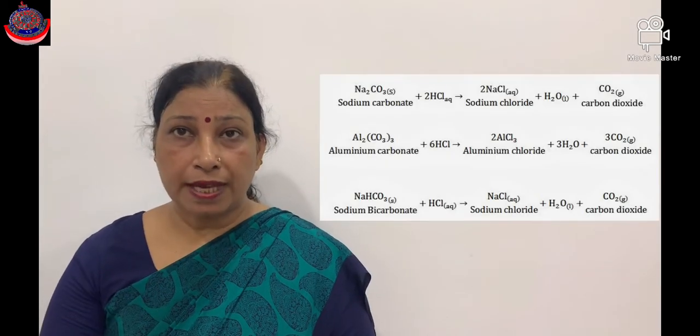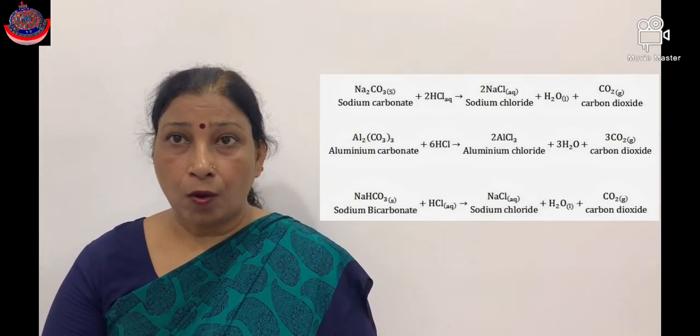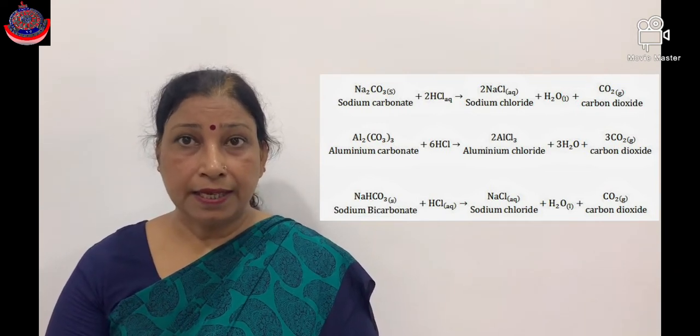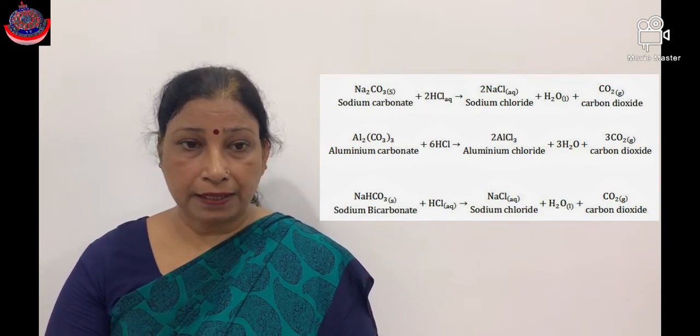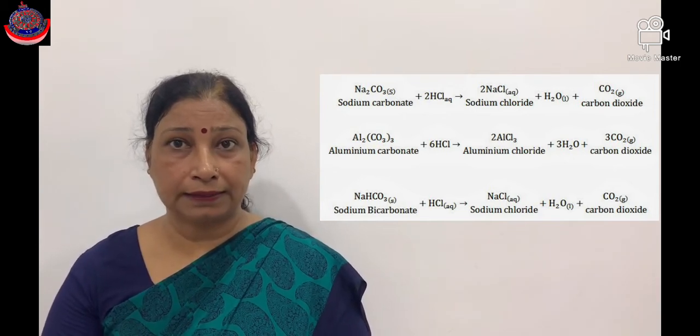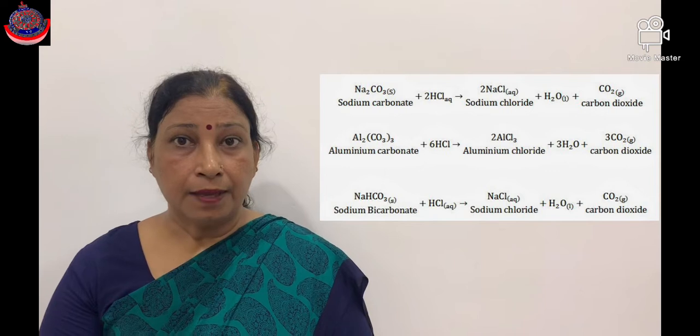It burns with a pop sound. Friends, now reaction of metal carbonate or metal hydrogen carbonate with acids. When acid reacts with metal carbonate or metal hydrogen carbonate, they give salt, carbon dioxide gas and water. Bases do not react with metal carbonate and metal hydrogen carbonates.